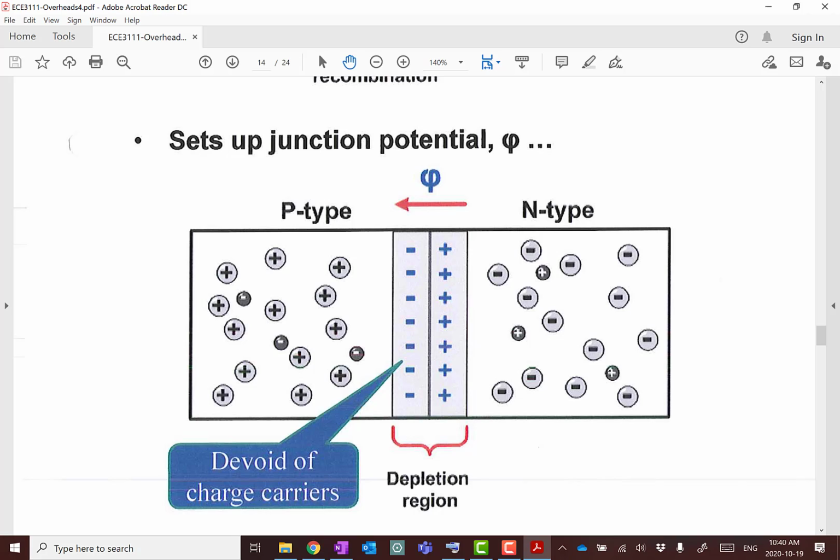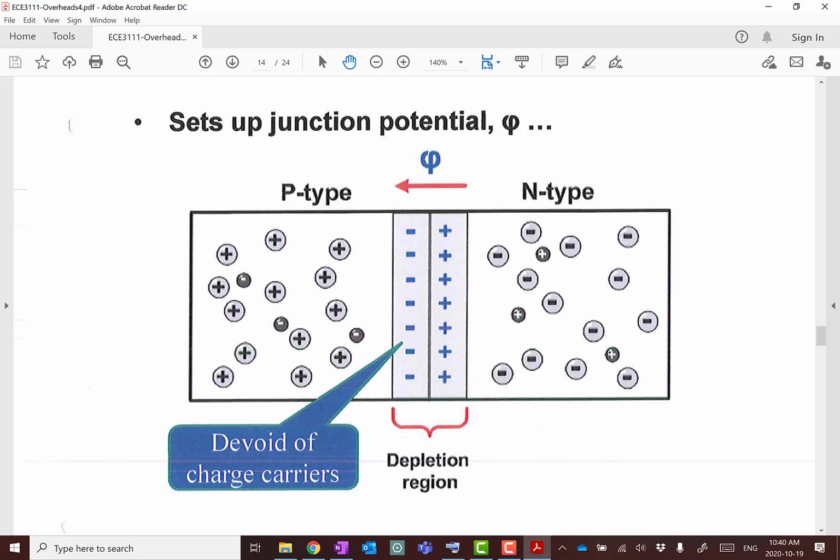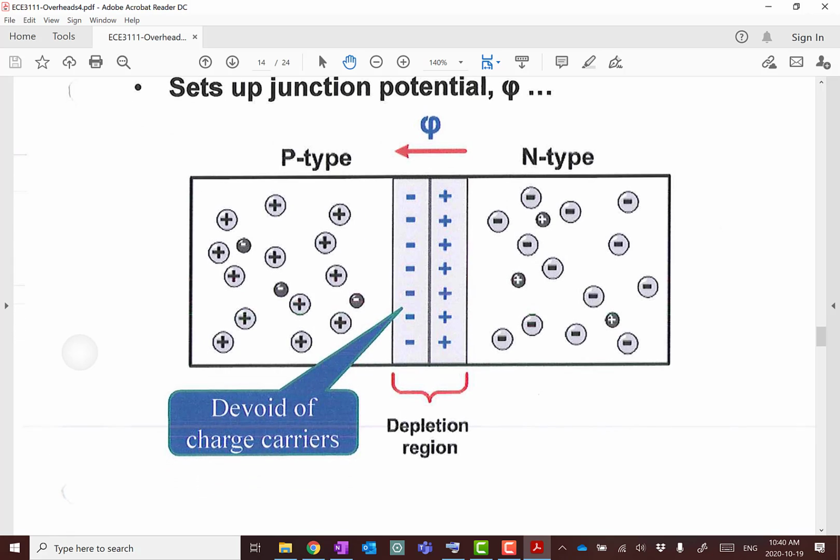In this diagram, that funky Greek letter is what we're going to refer to as V subscript naught, the junction potential.